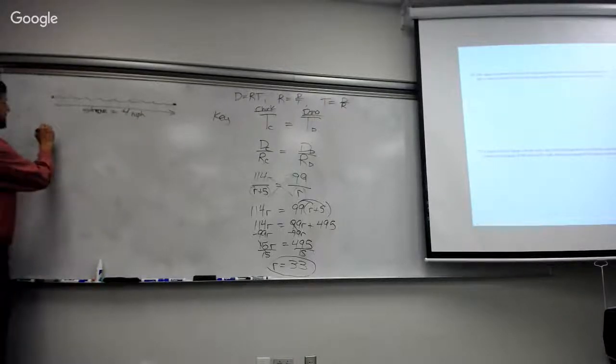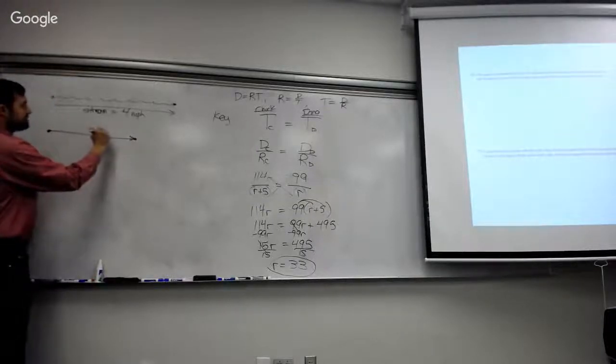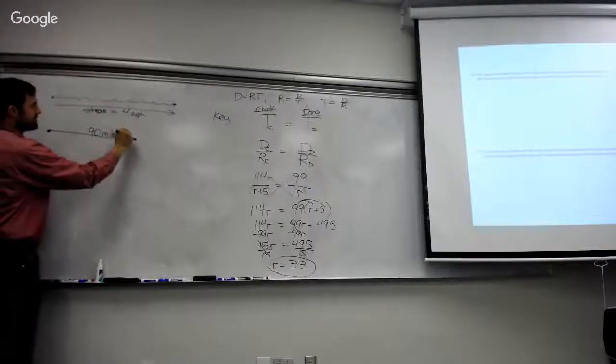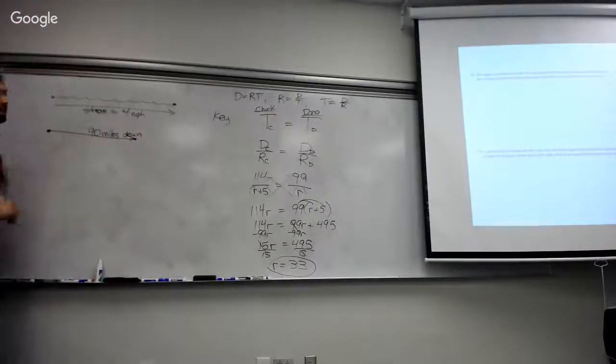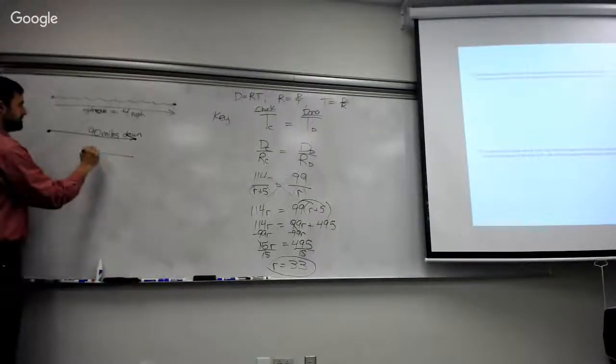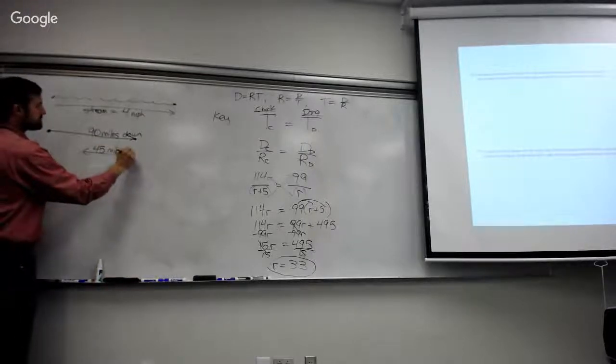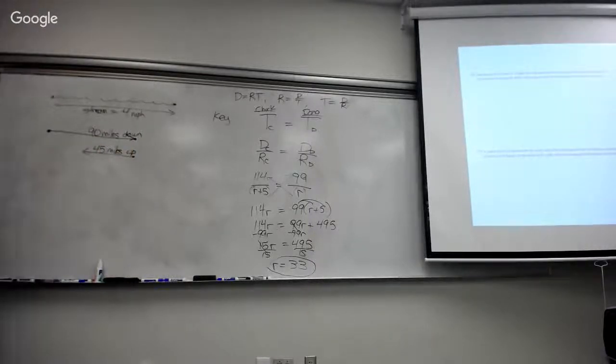So starting here, I'm going to show that I'm going to go 90 miles this way. So this was 90 miles. And that's downstream. And then we're going to turn around, and it takes the same time to go 45 miles upstream. And the key thing that they told us so far is that it takes the same amount of time.